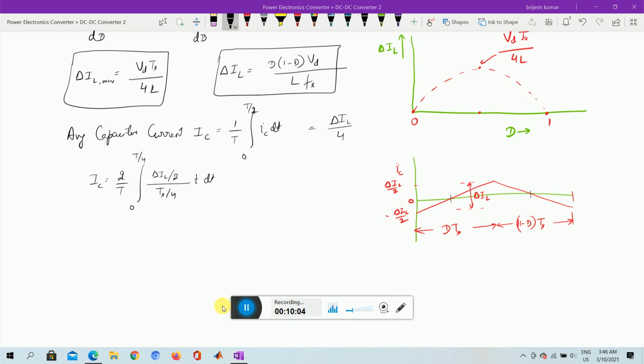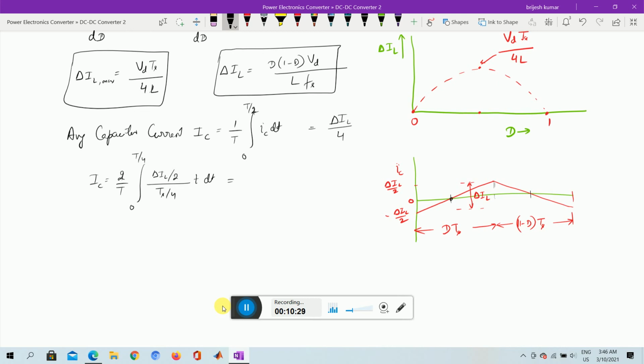So I'm integrating from this position to this position. The height is del IL by 2 and the base is TS by 4 in time, and this is 2 times this side and this side, so we can get it in this way, or we can directly write the average value as del IL by 4.